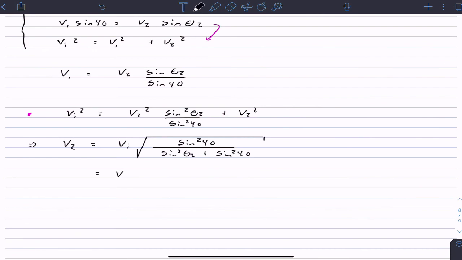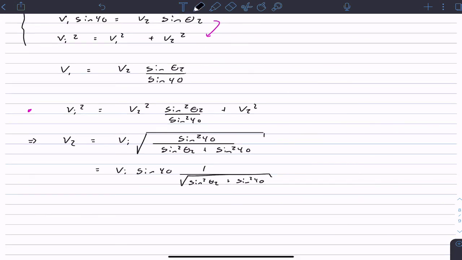Or it equals vi sine 40 times 1 over the square root of those two things, right? Something like that. Okay.